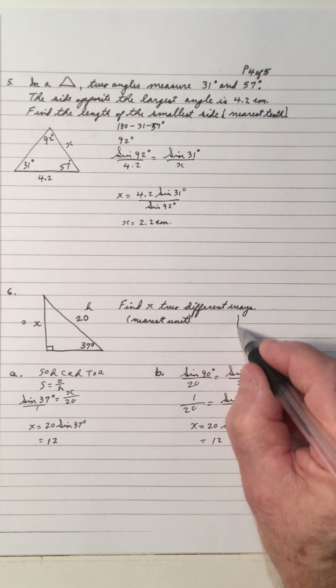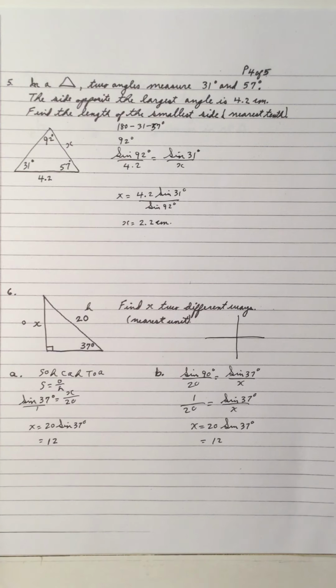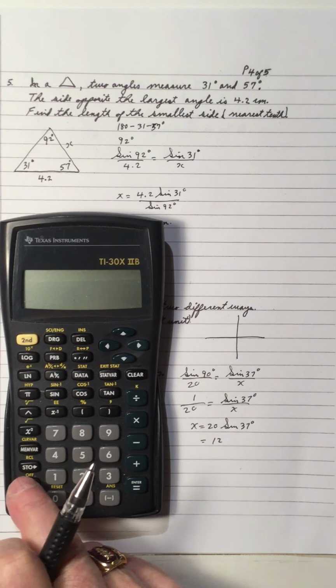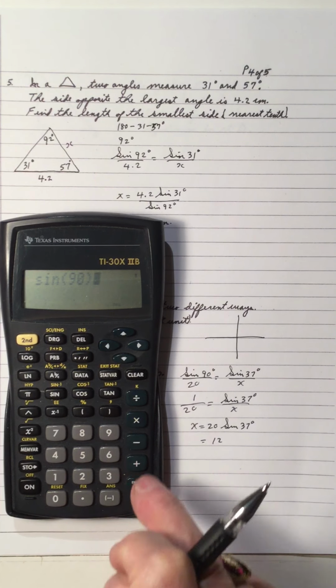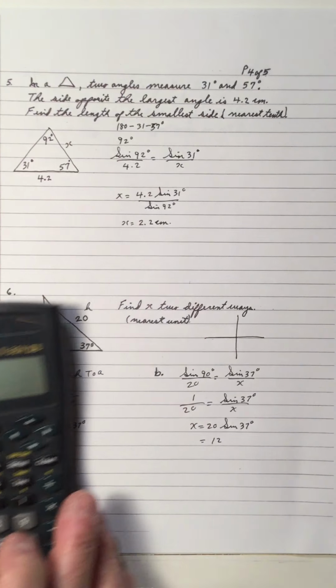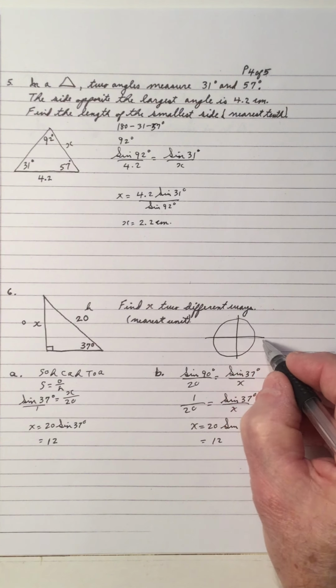And just to remind, I can use my calculator and go sine of 90 if I want. The sine of 90 degrees is 1. Or, if you think about it, we have a unit circle.